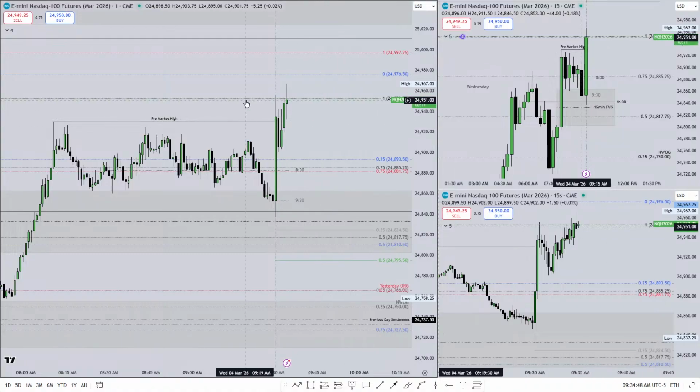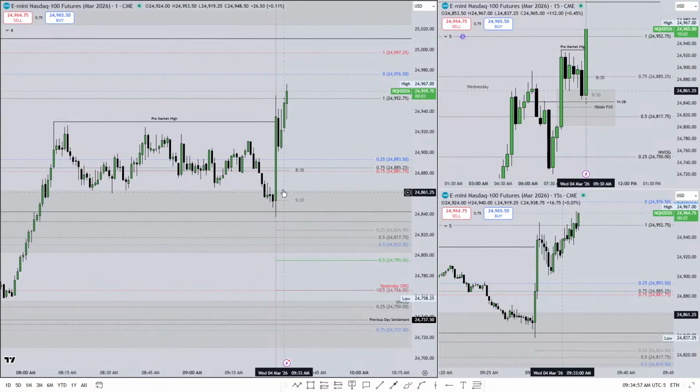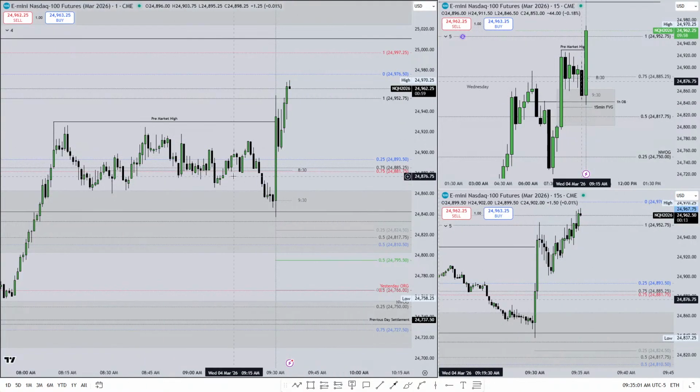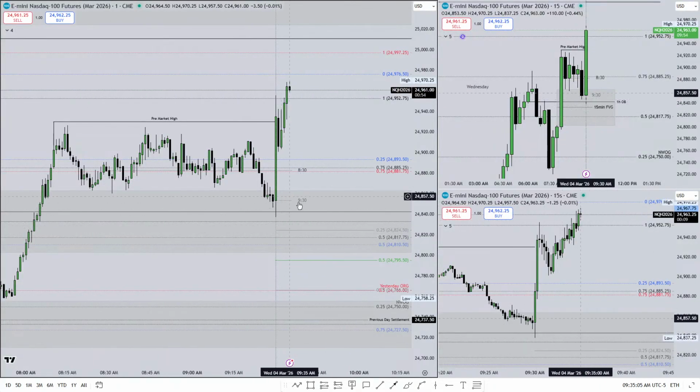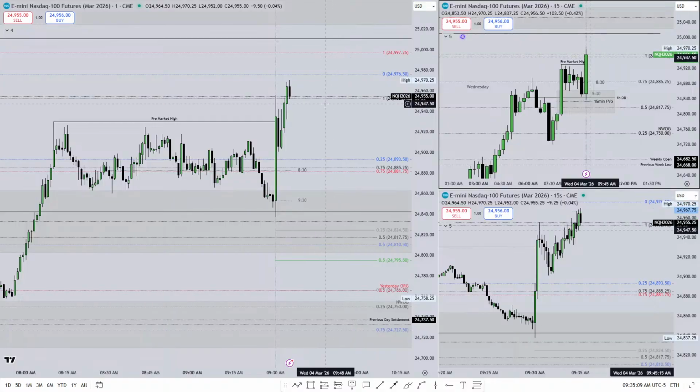Or I shouldn't say I don't like it. It's in direction of my bias, but I would have preferred they had a manipulation lower first for that little classic 9:30 Judas. But we did sweep these equals. We went into a couple PD arrays that are on the higher time frame right here, so it makes sense why we're moving higher right now.